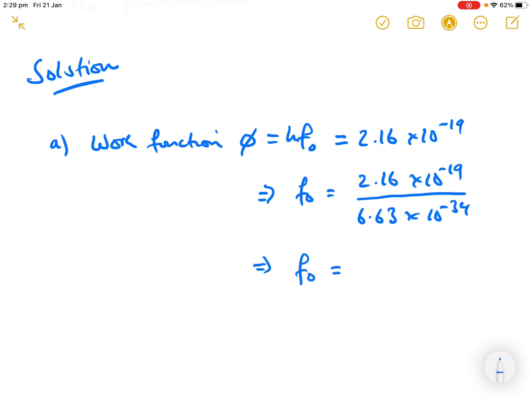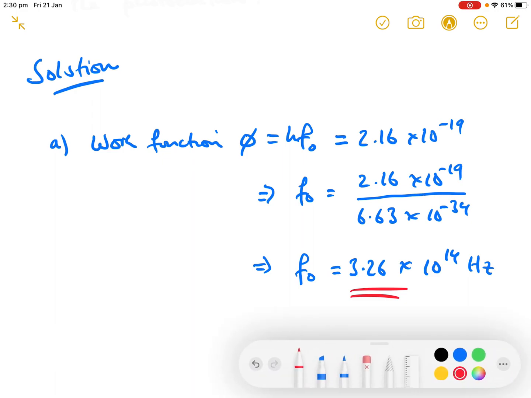And when you calculate that, you should get 3.26 times 10 to the 14 hertz. So any incident photon with a frequency of 3.26 times 10 to the 14 hertz or greater will cause photoemission. If the photon has exactly 3.26 times 10 to the 14 hertz, it will liberate the electron but with zero kinetic energy.